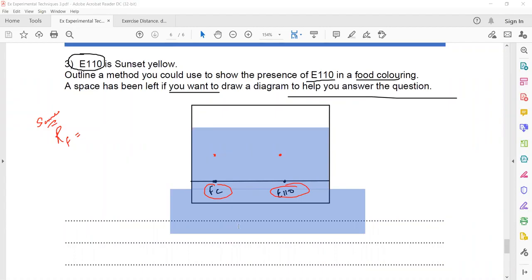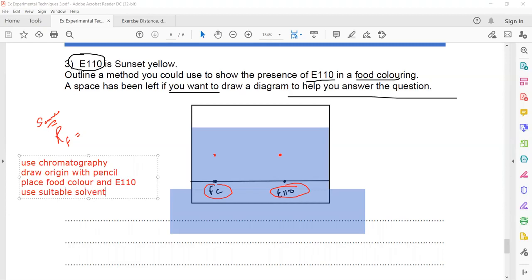So the answer for this, like writing in words: so we'll use chromatography. Then we'll draw the origin with pencil. Then we'll place food color and E110. We'll use a suitable solvent. When you mention it in the exam, don't write use suitable solvent. You will mention the name of the solvent.